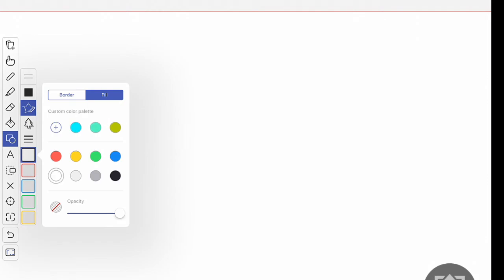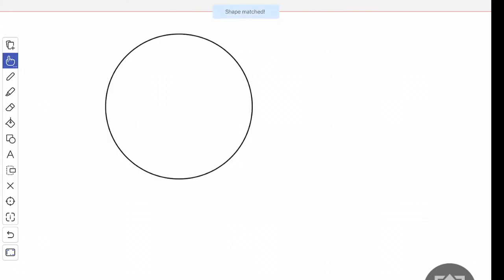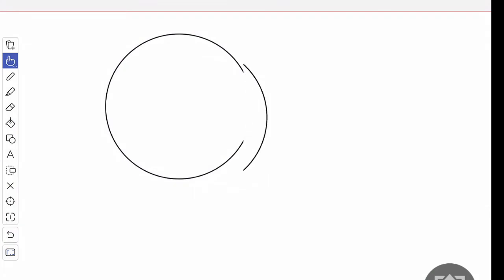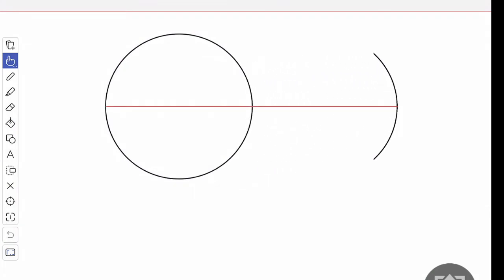I'll delete this. I'll draw a fresh sphere. Okay, I'll draw a sphere like this. Now, let us say I take a knife or something, and I cut out a portion. I cut out a portion like this. Now what happens? Now I got this part of the mirror.